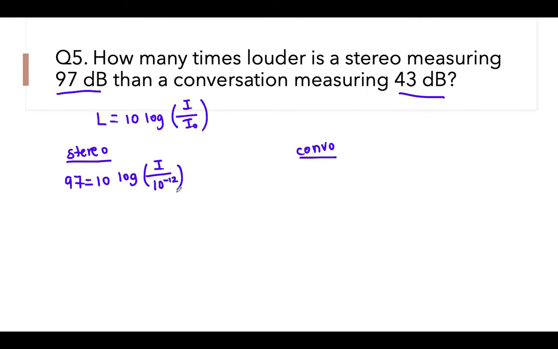After writing down the given information, I'm going to bring the 10 to the other side. So divide, and it's 9.7 equals log I over 10 to the negative 12.